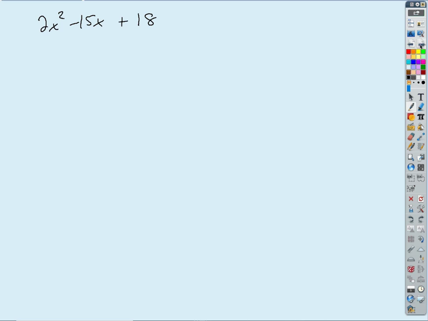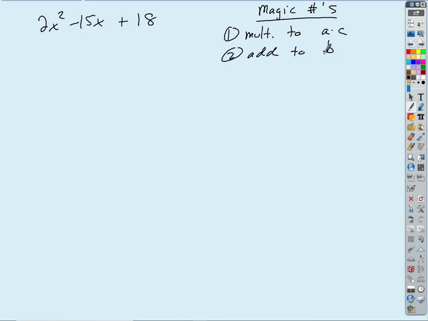So we have to find our magic numbers, and we're going to do that in almost the same way we did before. Only this time we have to find magic numbers that do 2 things. They have to multiply to A times C, and they have to add to B. So A times C in this case is 36, and B is negative 15.